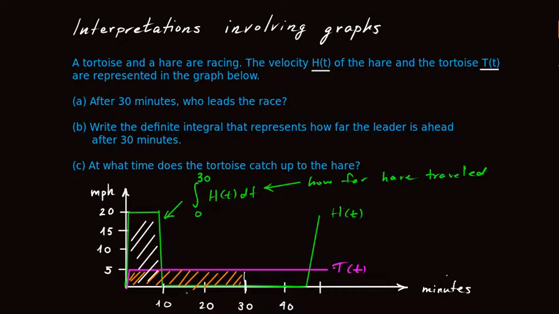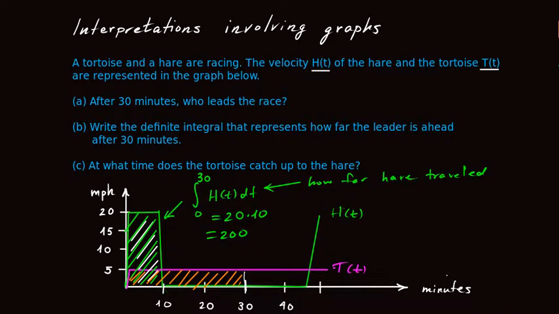Now, this is a pretty easy integral to do. In fact, you do it exactly because we have a rectangle, and the area under the green curve here is 0. So the only contribution is going to be the area of this rectangle here. That's going to be equal to 20, the height, times the base, which is 10, or 200. So after 30 minutes, the hare has only traveled what he traveled in 10 minutes, which was 200.